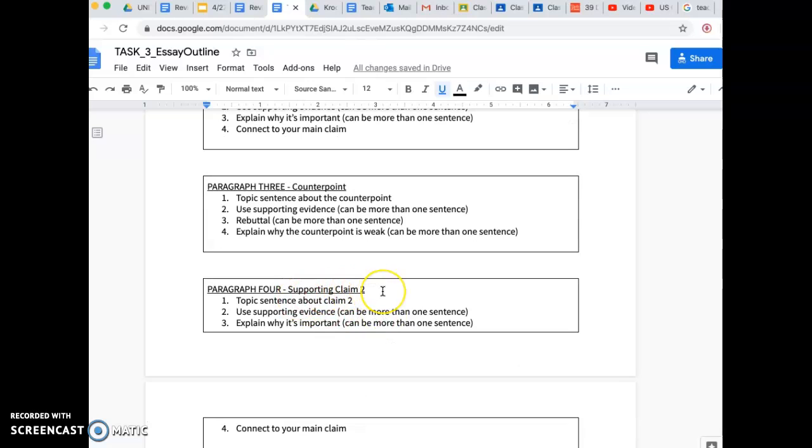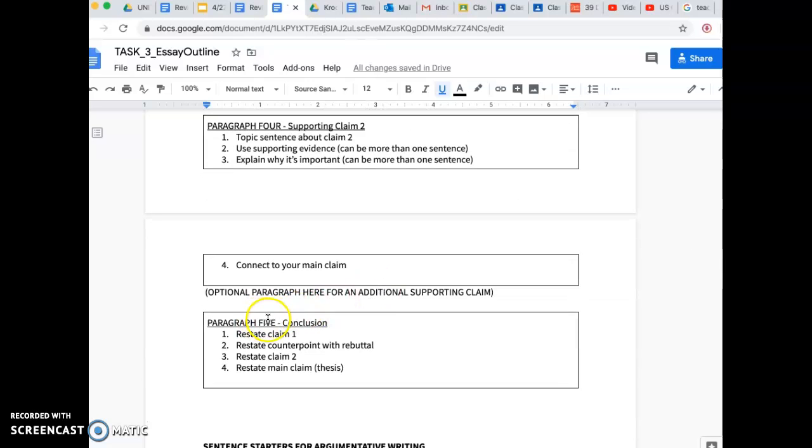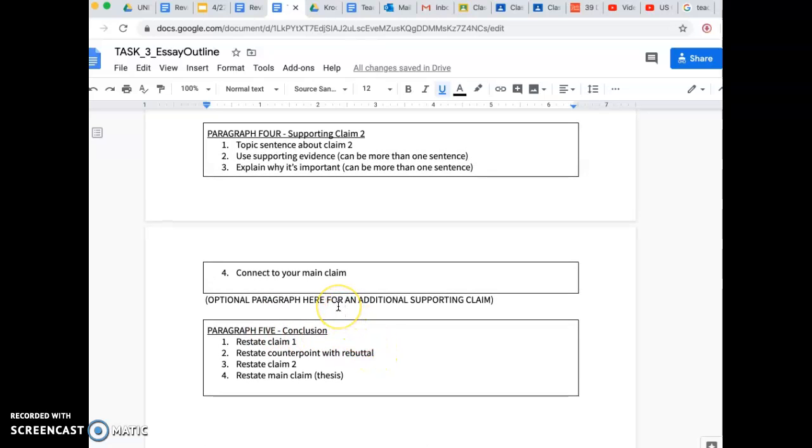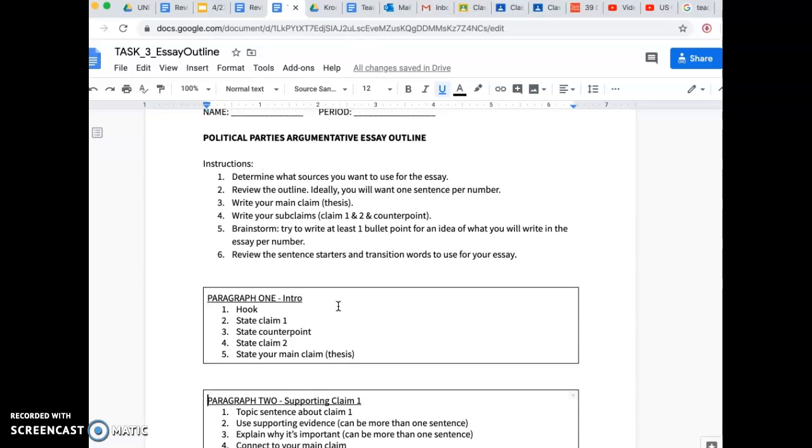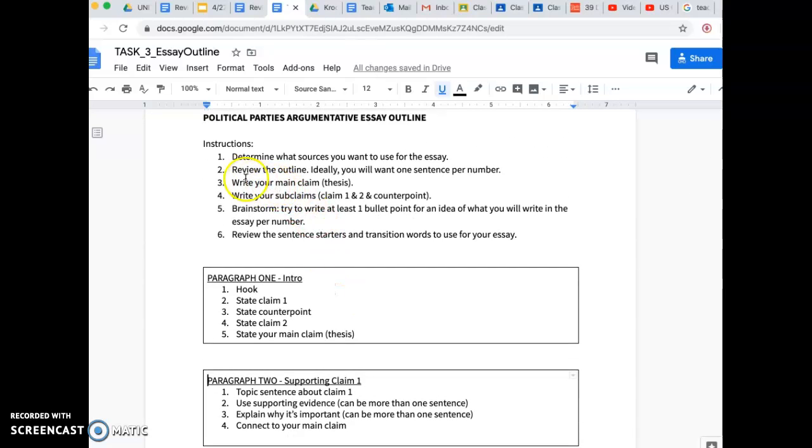Paragraph 4, support claim 2. And paragraph 5 is going to be your conclusion. There is space here. Also, if you want to add in an additional supporting claim, it's totally fine. All right, so if you want to review this outline more, go ahead and pause. I'm going to continue on.